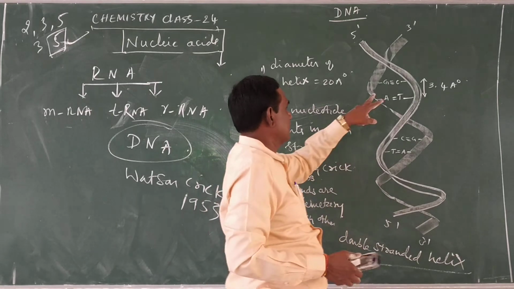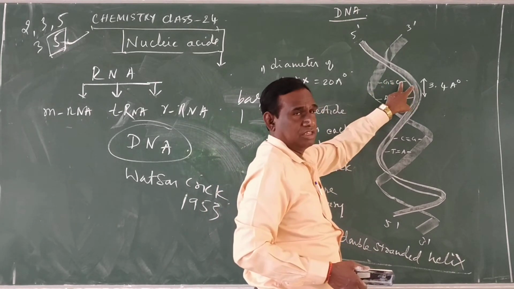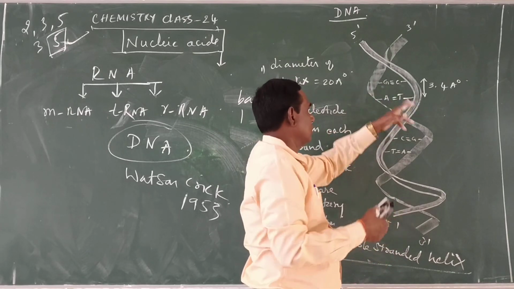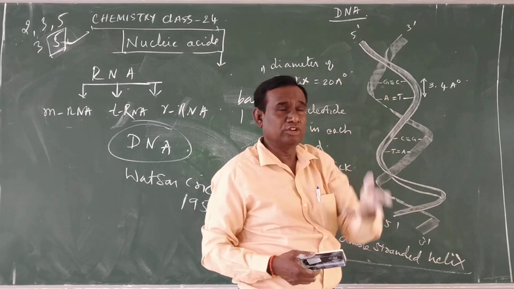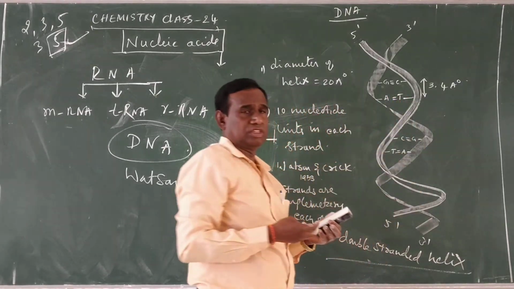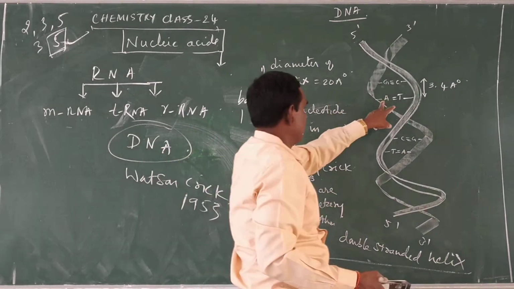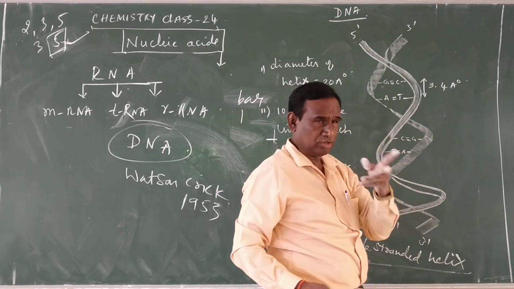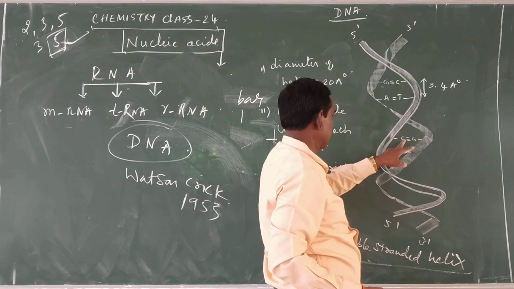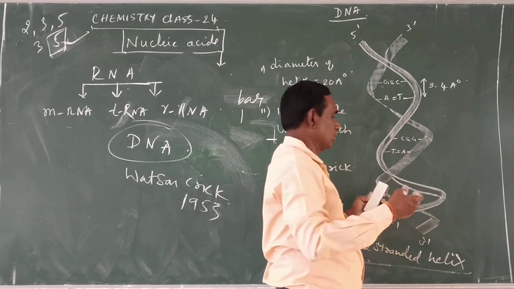That means guanine and cytosine are held together with three hydrogen bonds, and adenine and thymine are held together with two hydrogen bonds. So adenine and thymine base pairs are held with two hydrogen bonds, and cytosine and guanine base pairs are held with three hydrogen bonds.